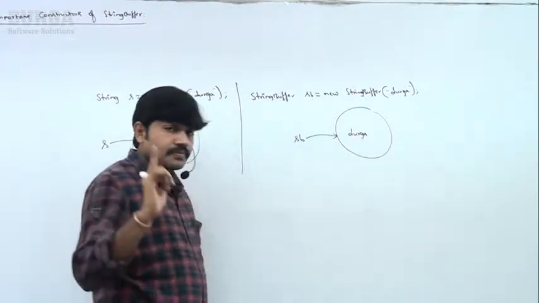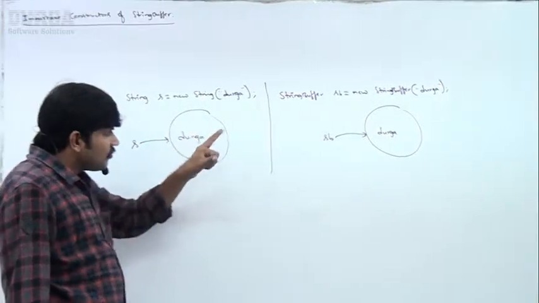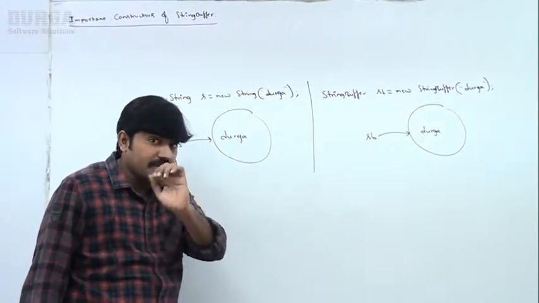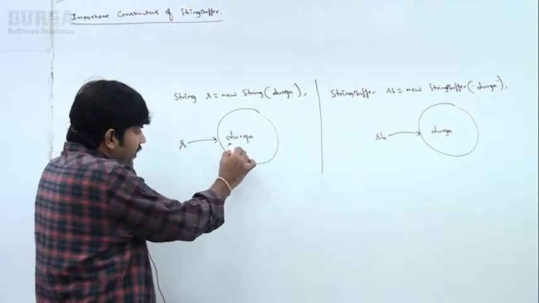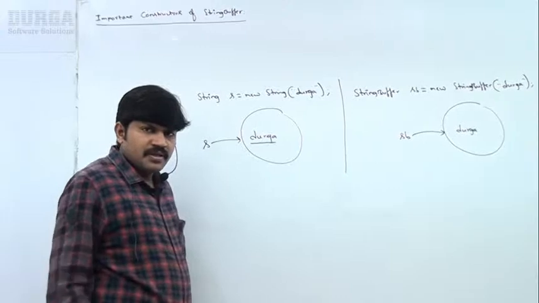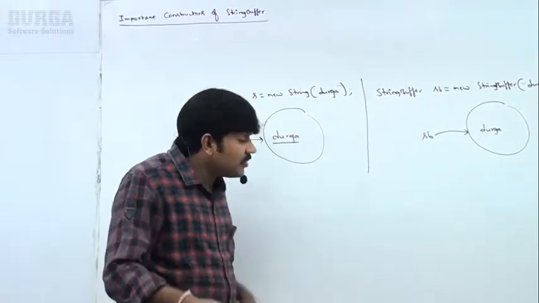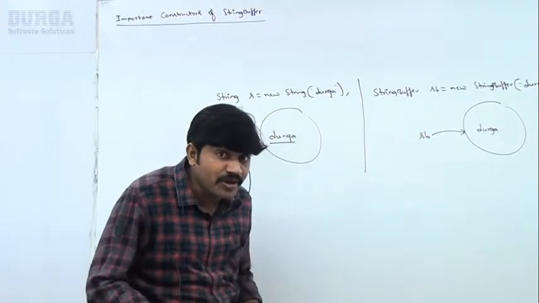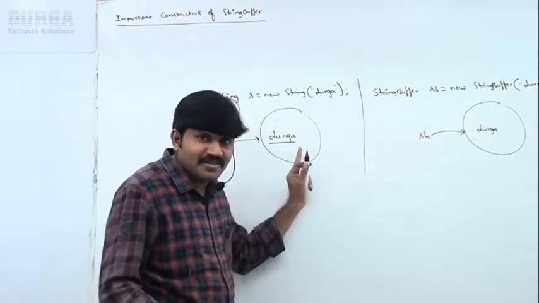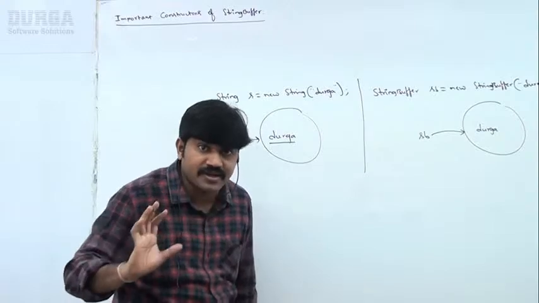There is one small point you have to understand. Once we create a String object, is there any chance to change its content? No. A String object is always immutable. You can't change the content.